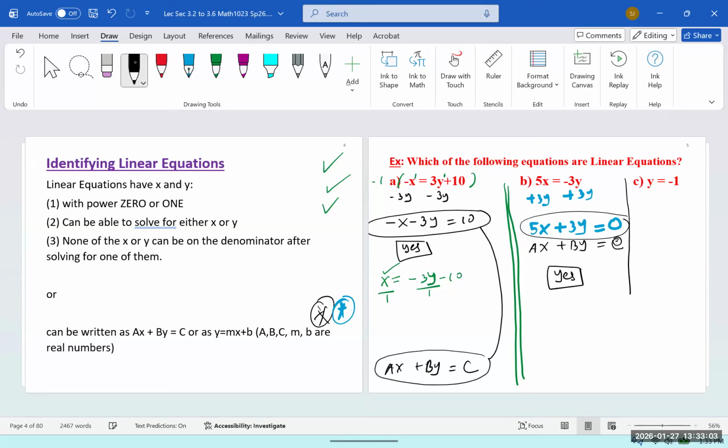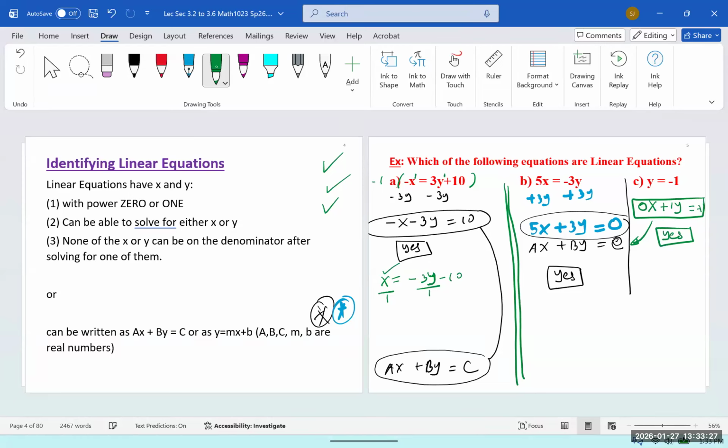The last one has only one y. Even if it has one y, that means we have 0x. So we have 0x plus 1y equals -1, and this is the same as ax plus by equals c. So we could write this in standard form, so yes, this is also a linear function.